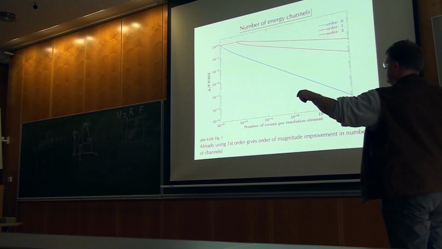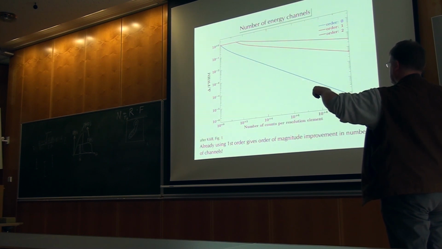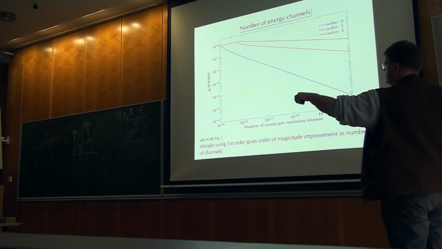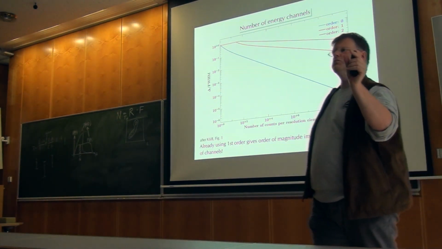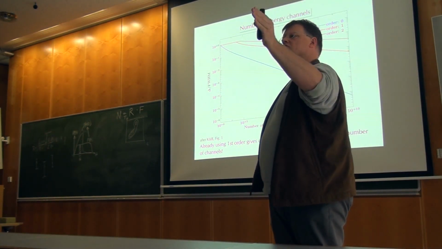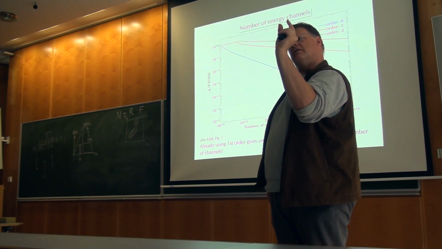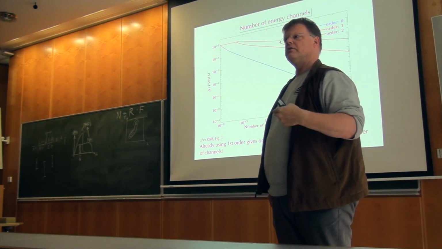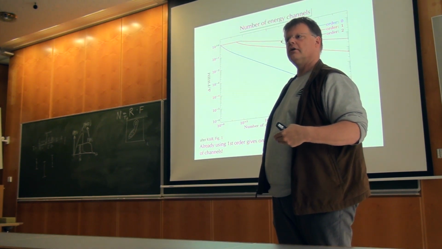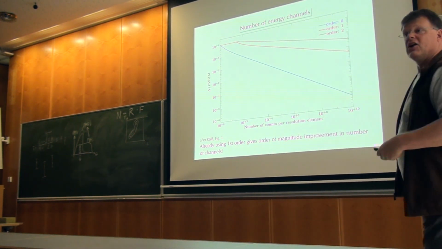And what you see here is that the number of counts per resolution element, if you want, say, 10 to the 8, you already need to go to 10 to the minus 4 bins per full width half max. So you need to put 10,000 energies in one resolution element in order to describe the spectrum to the desired order. Which is a lot.